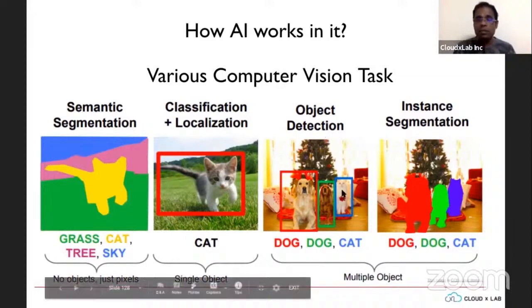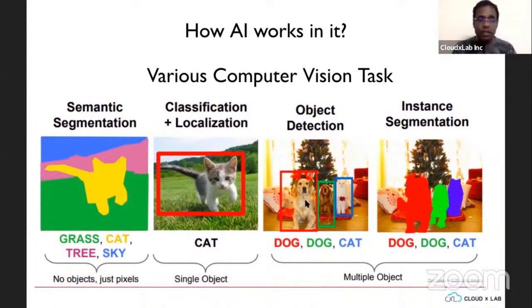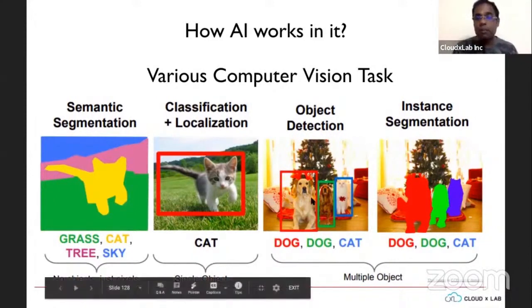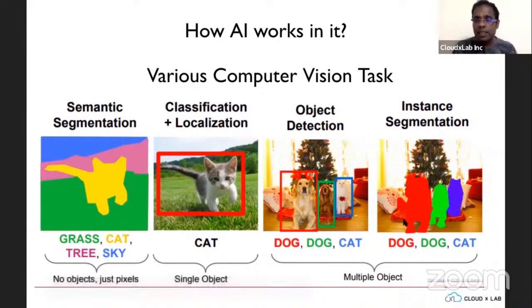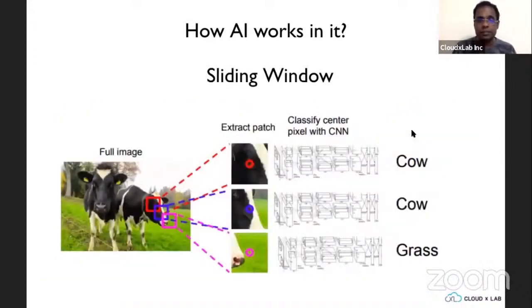This is among the most interesting problems, and this is what we would use YOLOv4 for, at the end of the day, to show how this works. Then there's instance segmentation, in which you identify each item and then identify the pixels that belong to this dog, that dog, and the cat, all separately. That is called instance segmentation.